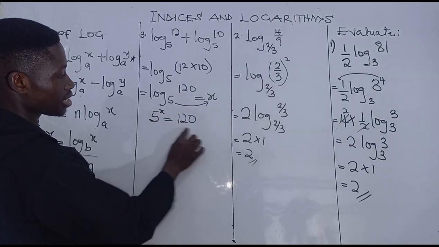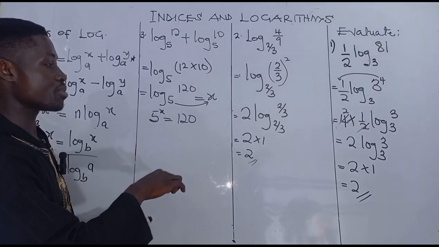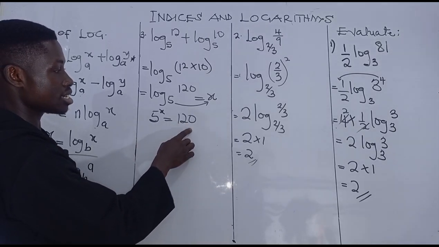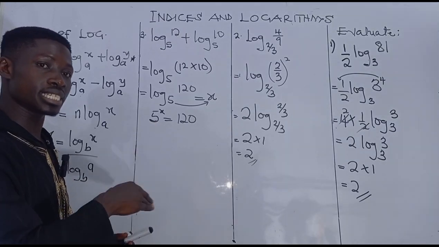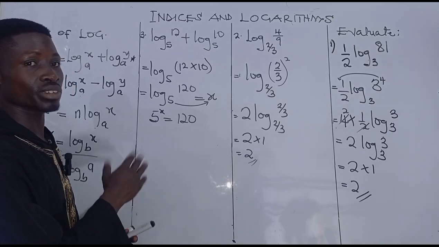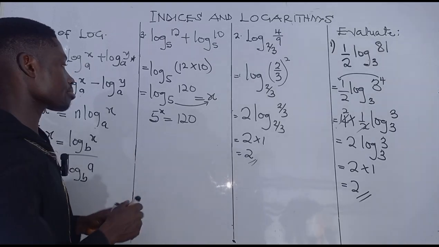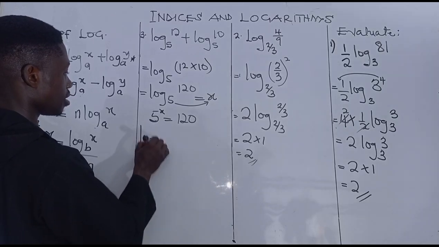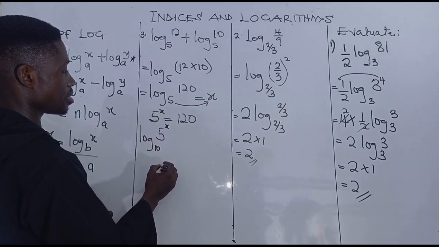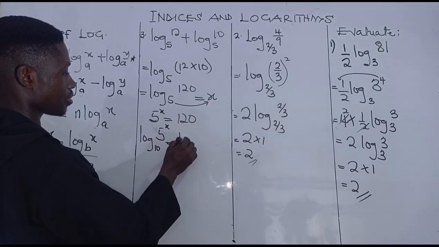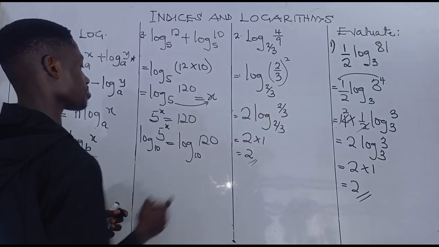Now looking at this, we are having an exponential equation, but the bases are not the same, and we can't express 120 to the base of 5. So what we do is, we take the logarithm on both sides of the equation, and the logarithm must be to the base of 10. So we have log to the base of 10 of 5 raised to the power x, and log to the base of 10 of 120.